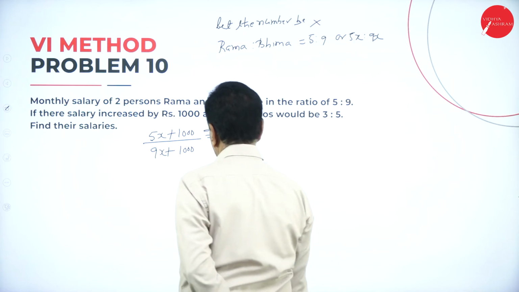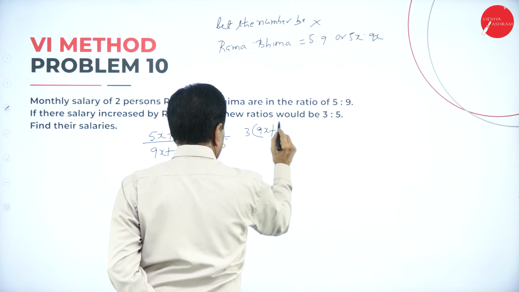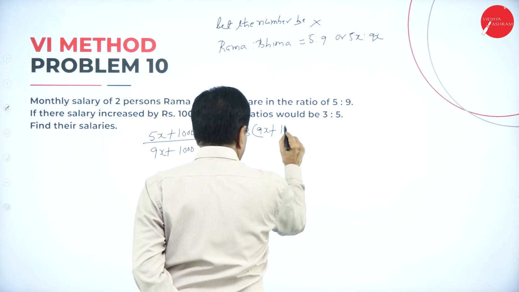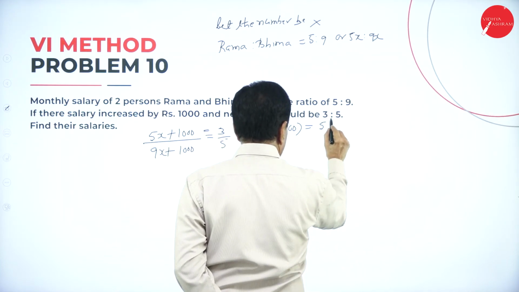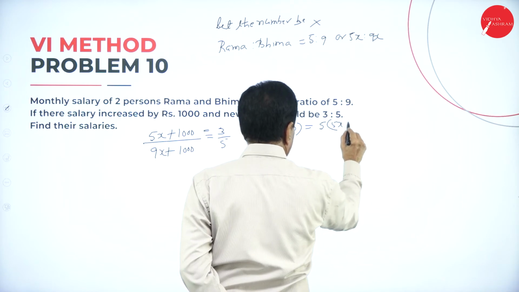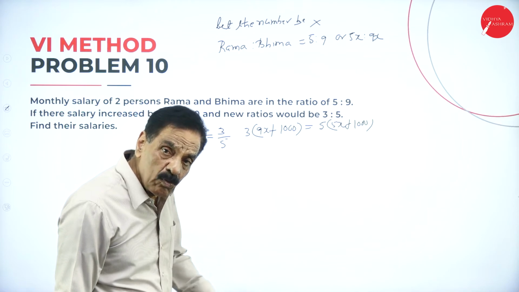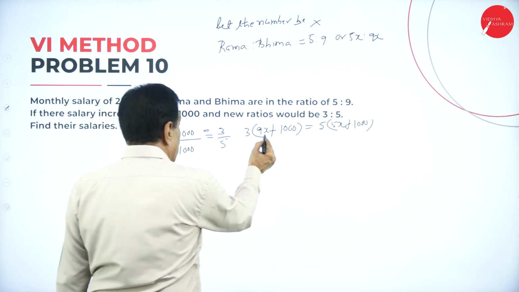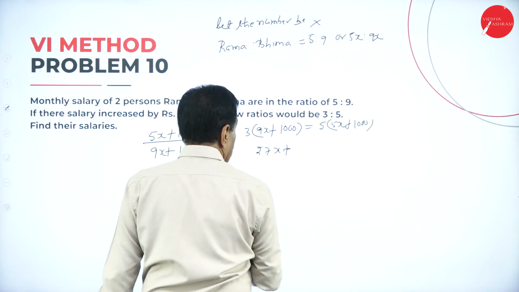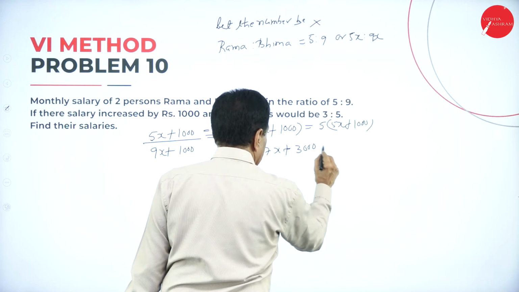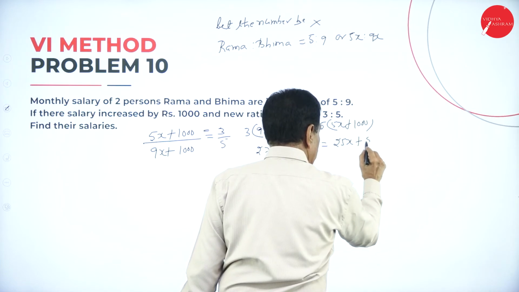Cross multiply, 3 into 9x plus 1,000 is equal to 5 into 5x plus 1,000. Why have we added 1,000? Increase by 1,000 they say. Multiply, 3 9s are 27x plus 3,000. 5 5s are 25x plus 5,000.